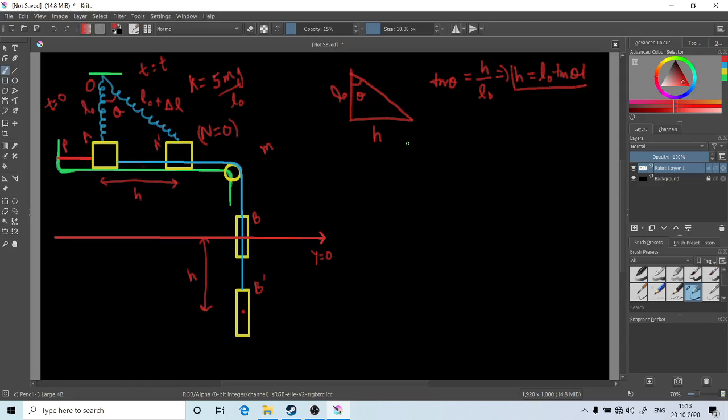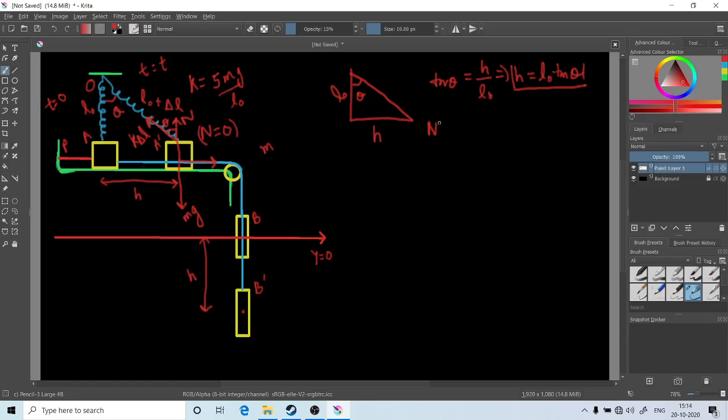Now let's write the dynamic equations. Now we can see that this is the normal force, this is mg the weight, this is the tension of the rope, and this is the spring force K delta L, and this makes an angle theta.